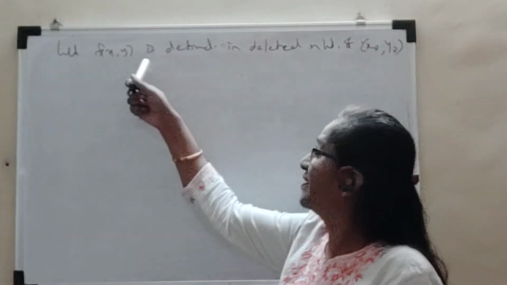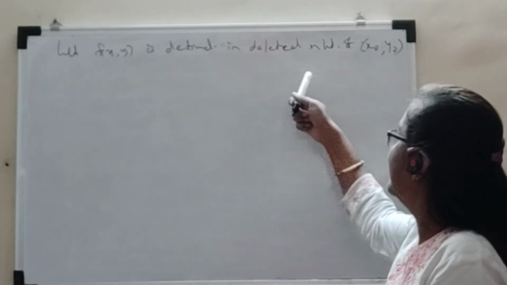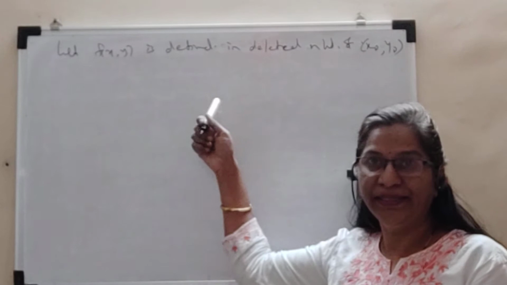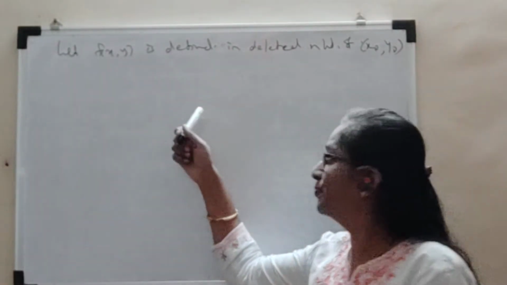Now let f of xy be defined in a deleted neighborhood of point x0, y0 of domain D, which is a subset of R2.